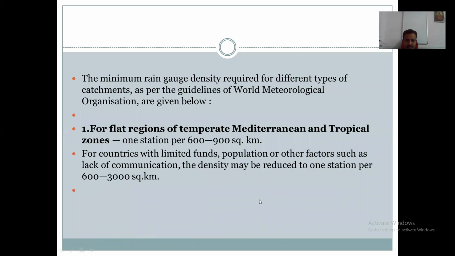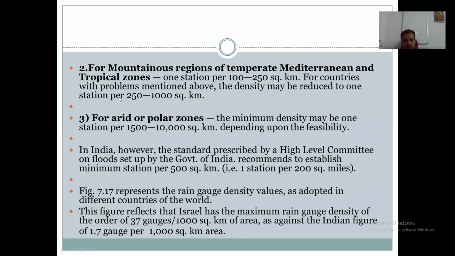So this is the minimum rain gauge density to be provided for different types of catchment areas. Flat region साठी किती आहे? One station per 600 to 900 square kilometer. For mountainous region, one station per 100 to 250 square kilometer.